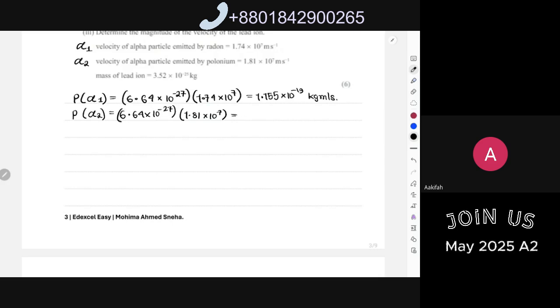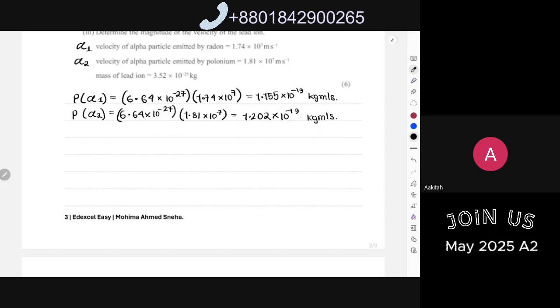Please calculate this again. 1.202 × 10^-19 kg m/s.